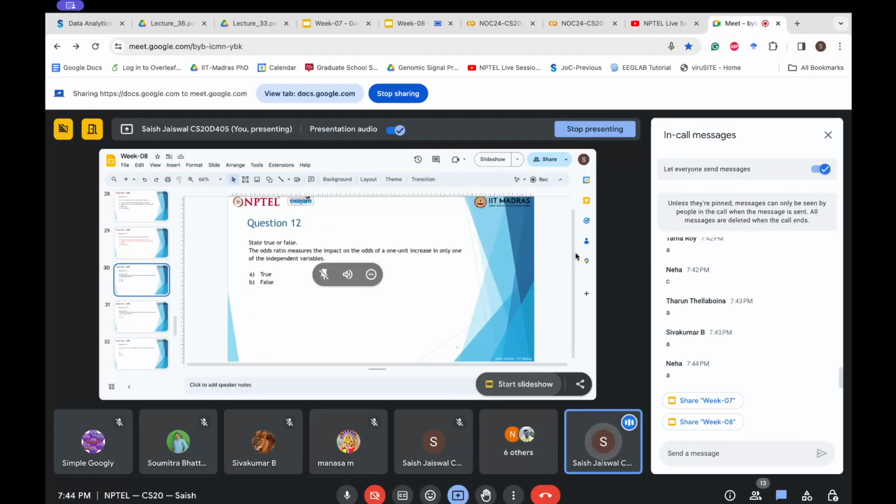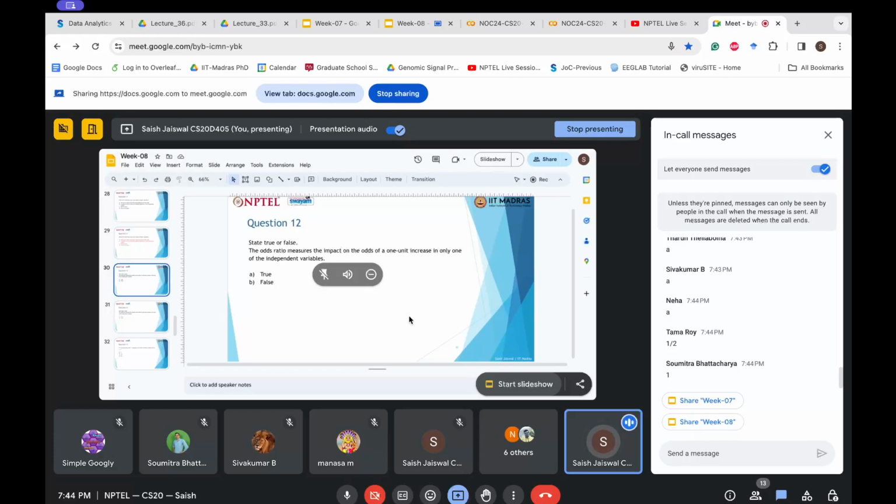If it is an unbiased coin, what will be the probability of getting heads and of getting tails? Probability will be 0.5. Yeah, that's correct. So what will be the odds of getting heads? 1. Yeah, that's true. It's 0.5 divided by 1 minus 0.5, that is 1.